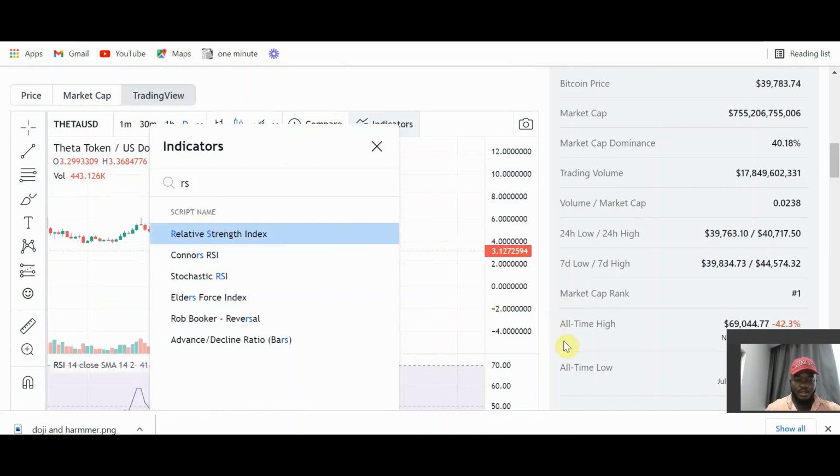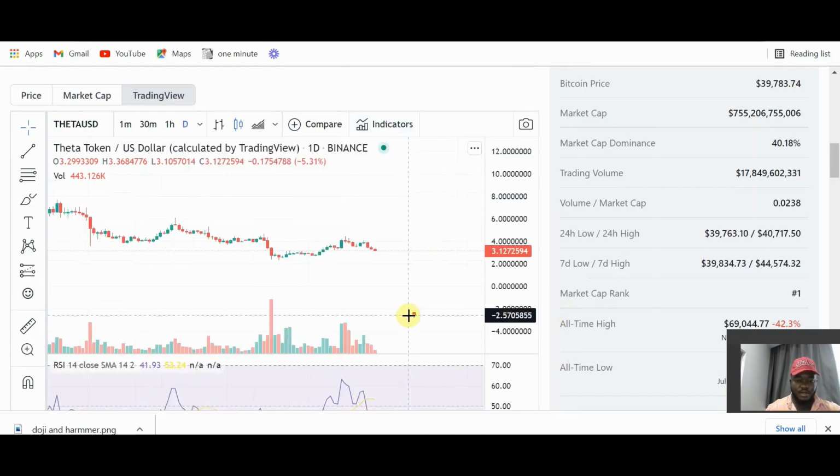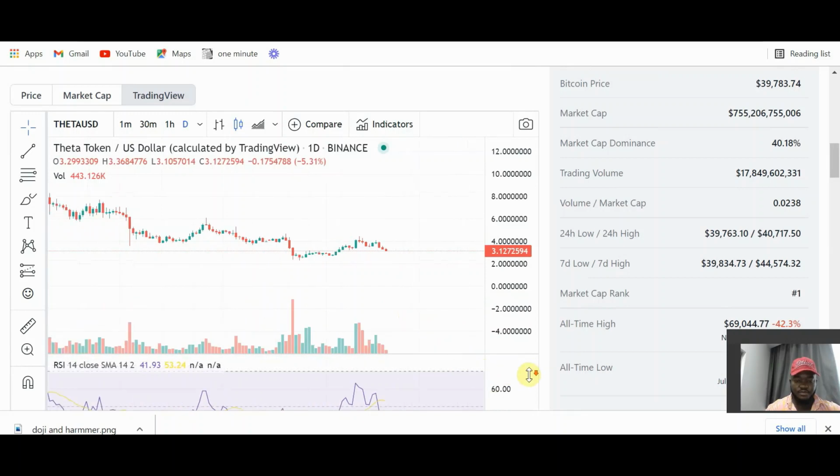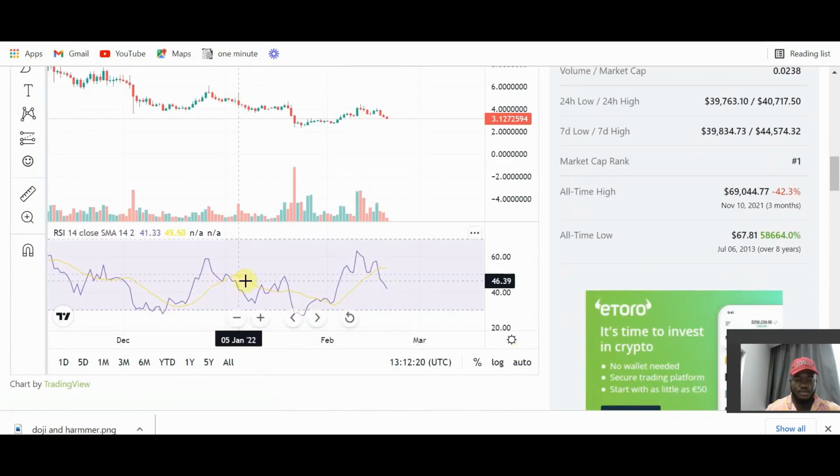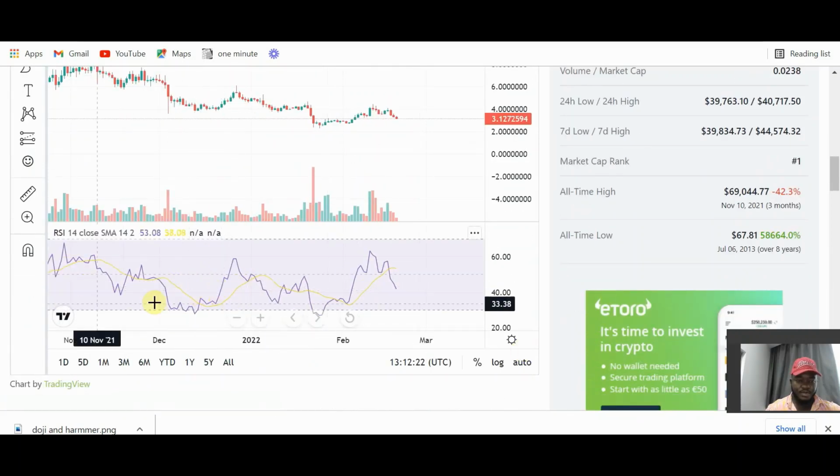Okay, I've added my RSI. Let me show you something here. There is something you need to learn here. When the RSI plot crosses above the signal line, we get a buy signal.